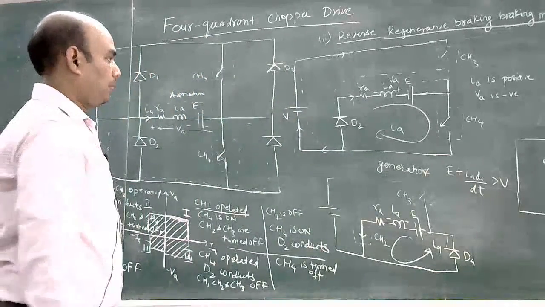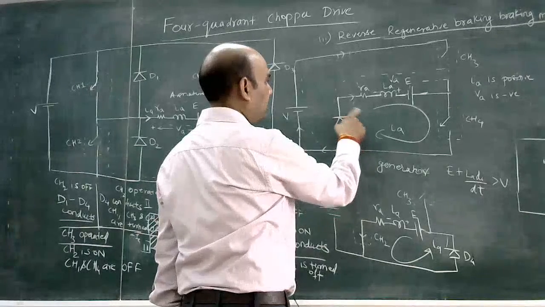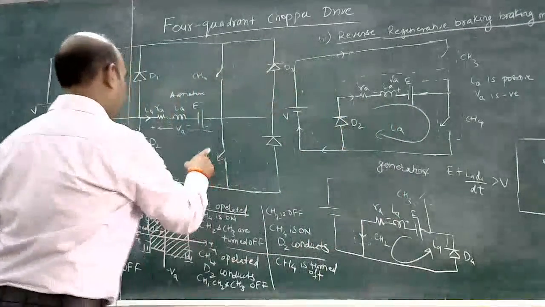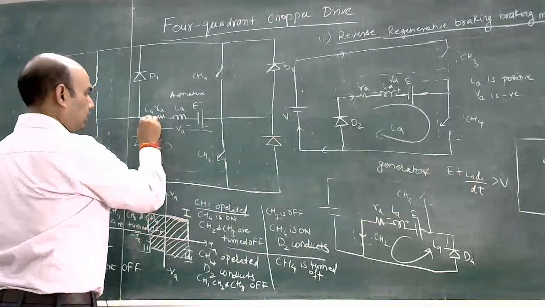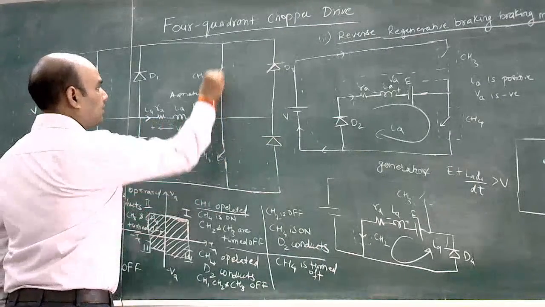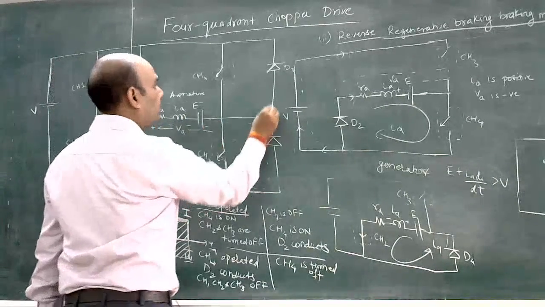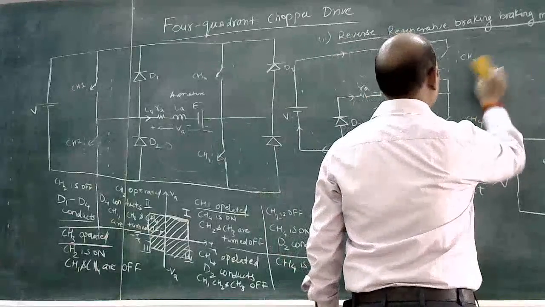Now this IA is flowing like this. The path through armature is open, so the only path through which this current can flow is D3. So D3 starts conducting.